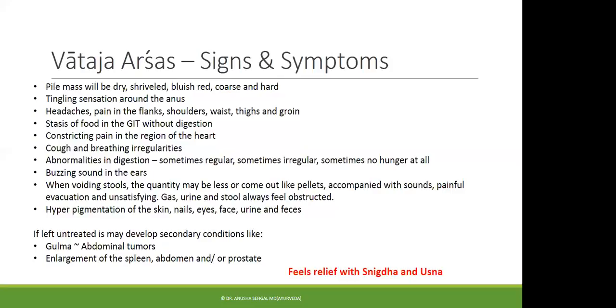There'll be hyperpigmentation of skin here, because in Vātaja conditions, when it becomes full-on Bheda stage of Samprapti, where we know it's definitely due to Vata, or it is a Vātaja condition, then aggravation of Vata tends to, again, dry out and take away that proper nutrition of these different places in the body.